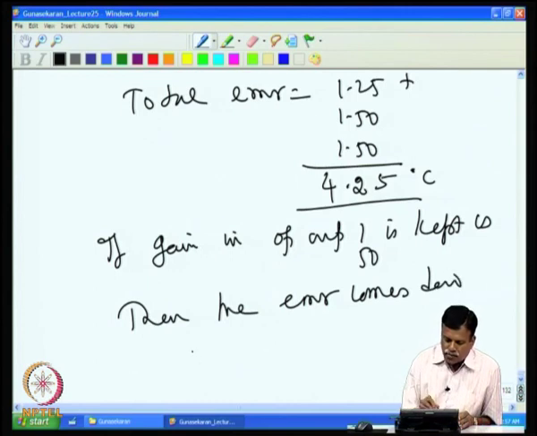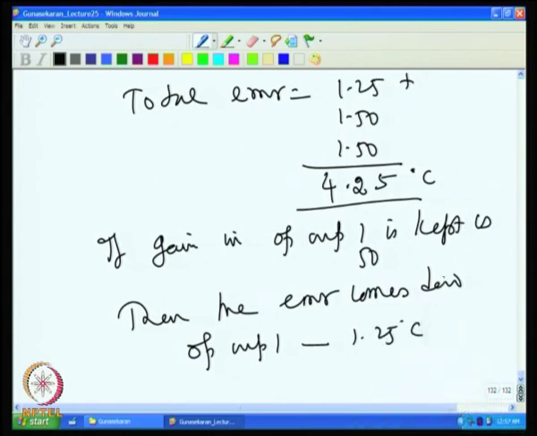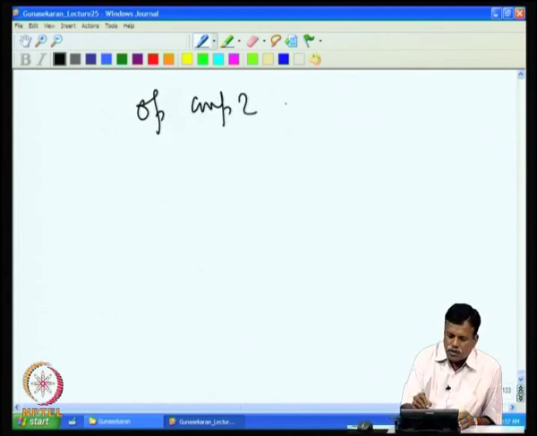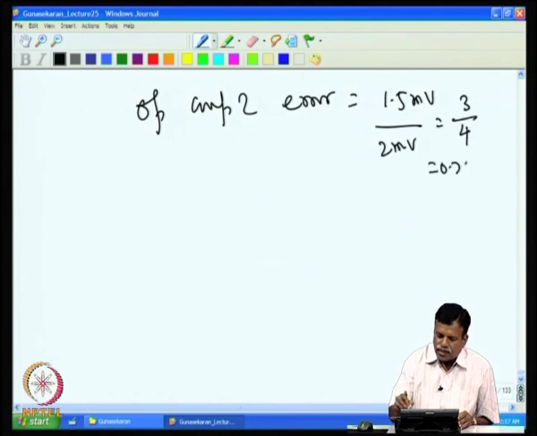In this case, op amp 1 error will remain, that will be 1.25 degree C. The op amp 2 error would be now the same 1.5 millivolt. Now, the signal is 2 millivolt. So, this will actually become 3 by 4th, 0.75 degree error.